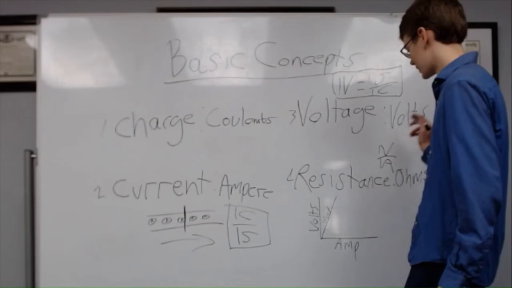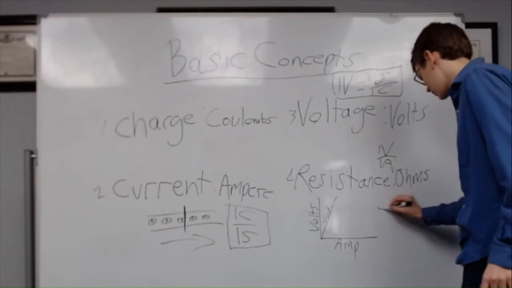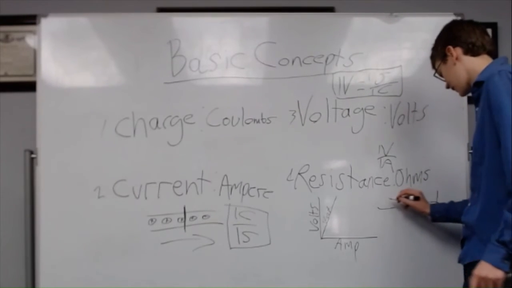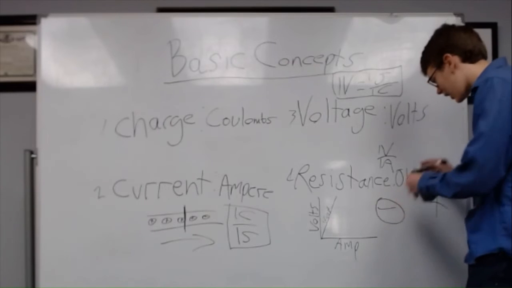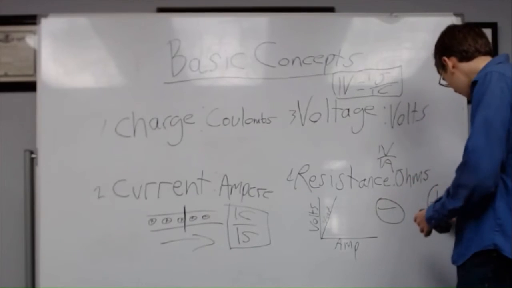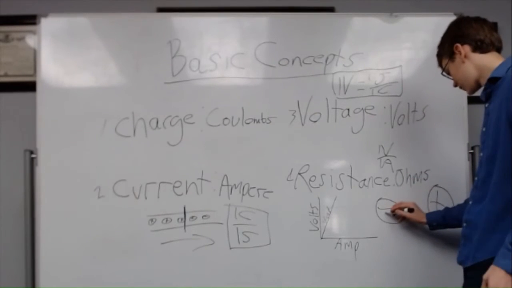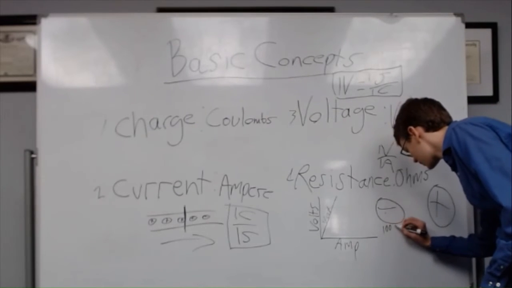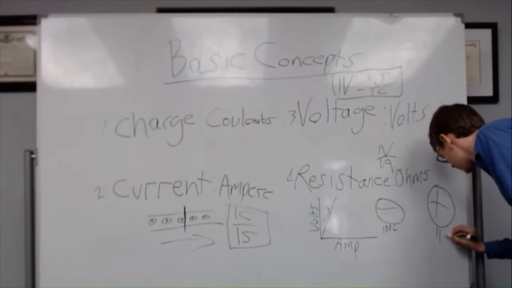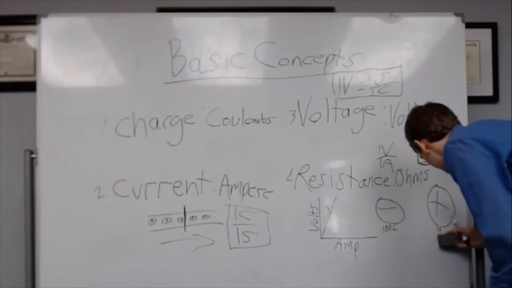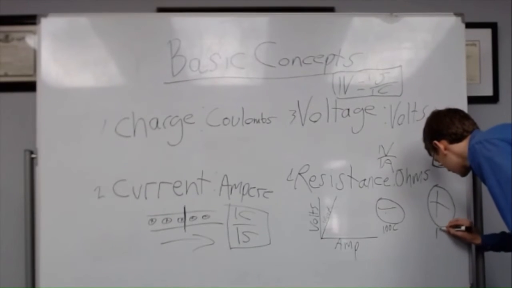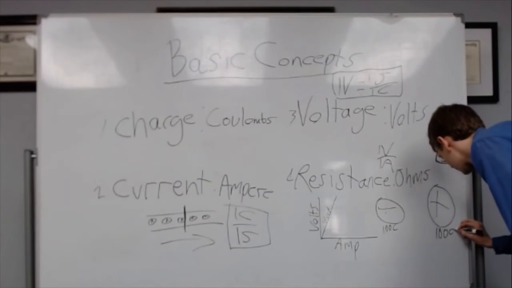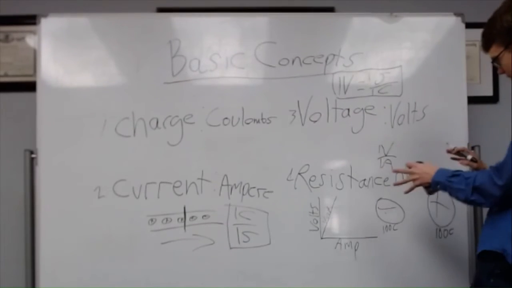So let's say there's something crazy, like 100 coulombs of charge right here and 100 coulombs of charge over here. That's going to generate a lot of voltage.